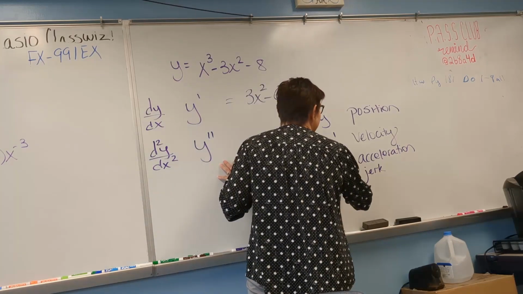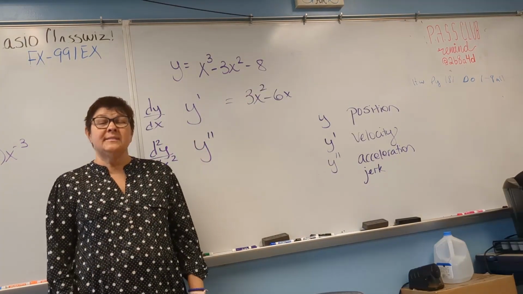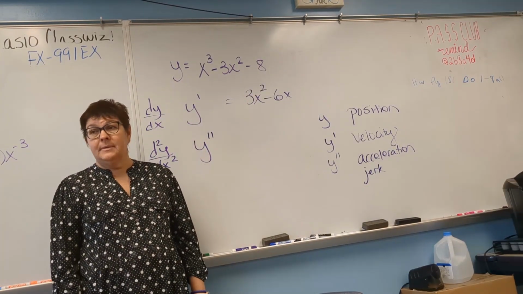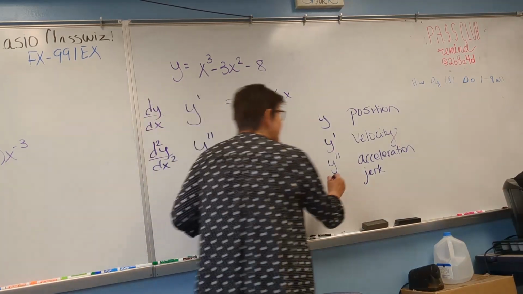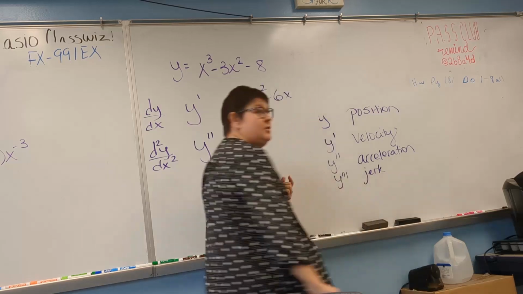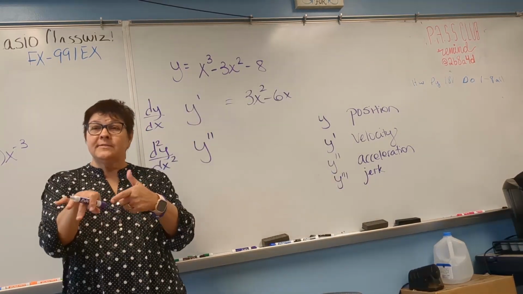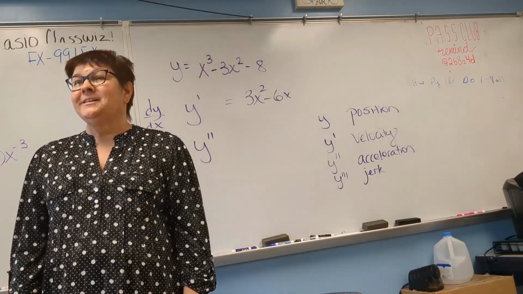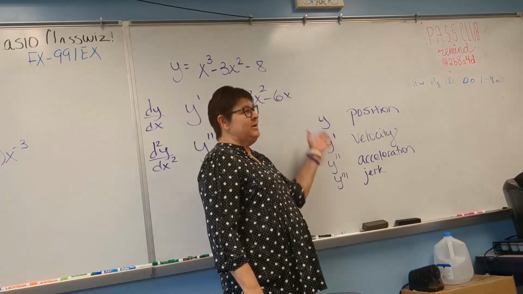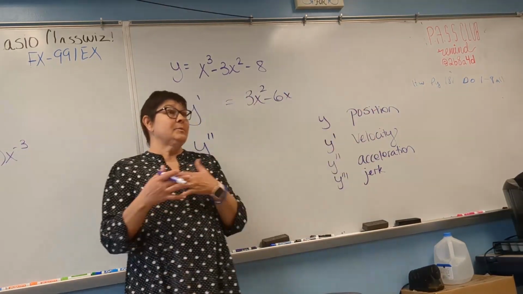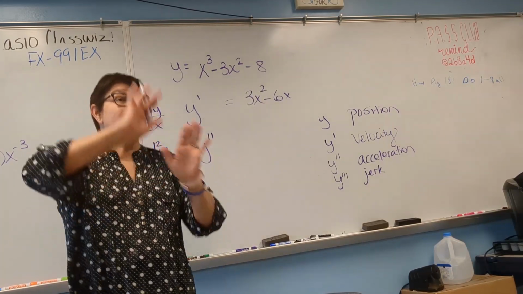Your acceleration is the change of the velocity. It's your double prime. And then last but not least, your jerk is the change of acceleration. You go from fast to slow to fast to slow to fast to slow. That's the jerk. All right, are we cool? So that is a real world application of derivatives and the ability to take more than one.